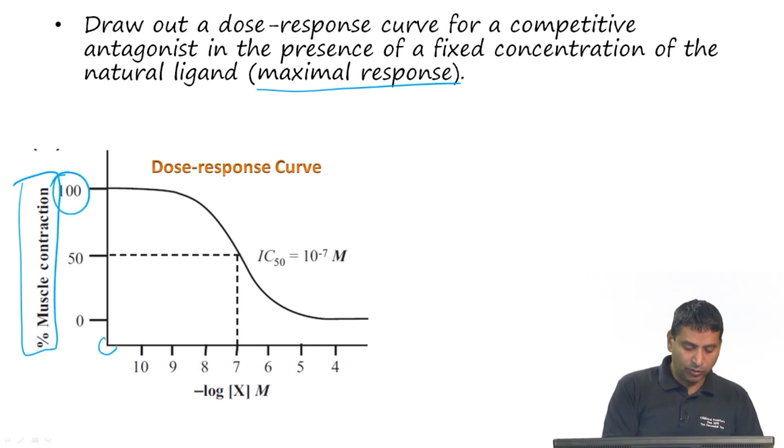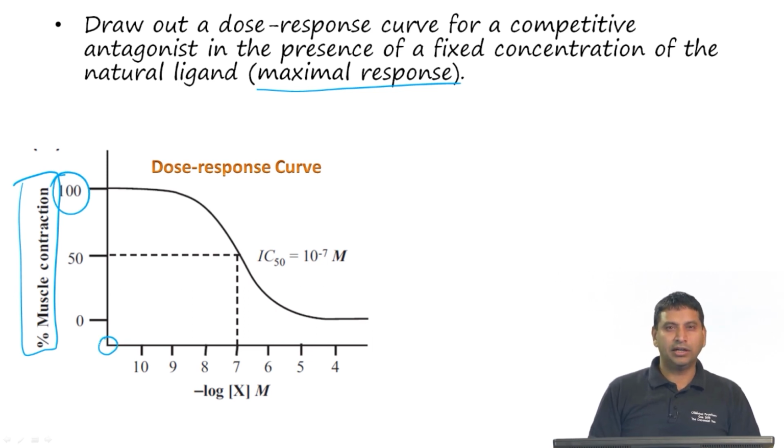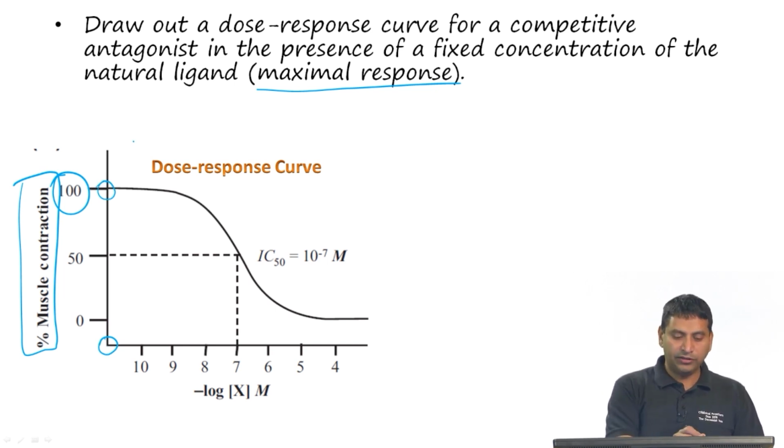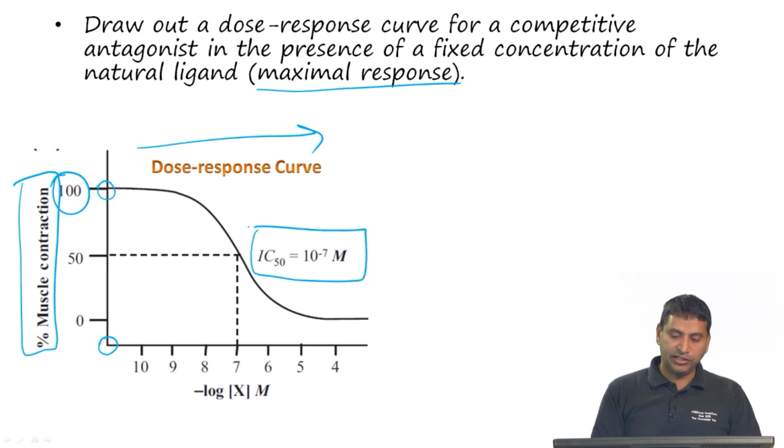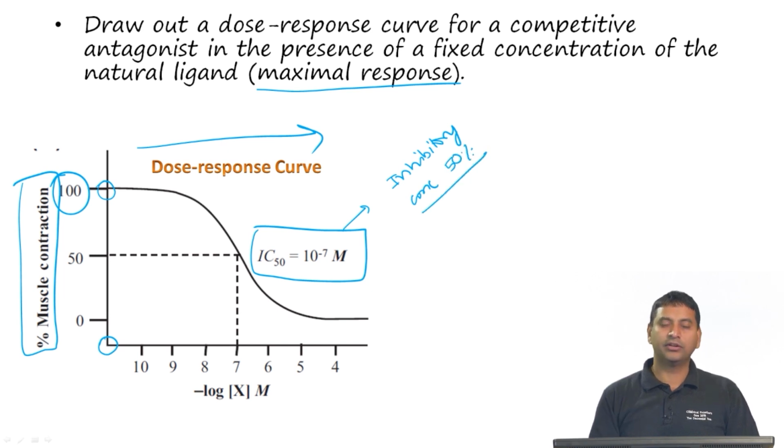So, when there is no competitive antagonist present, you see 100% response, and as you increase the concentration of the competitive antagonist, you will find a dose dependent decrease in the muscle contraction, and so then we can determine what is known as IC50, which is basically the inhibitory concentration 50%, which is the concentration required to inhibit the activity, or in this case muscle contraction, by 50%.